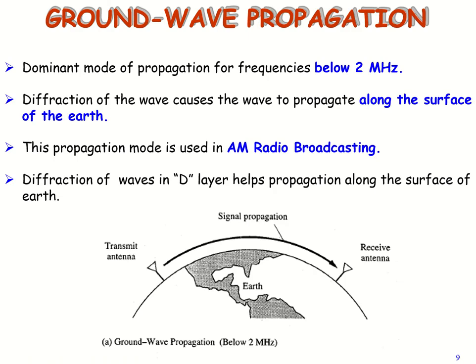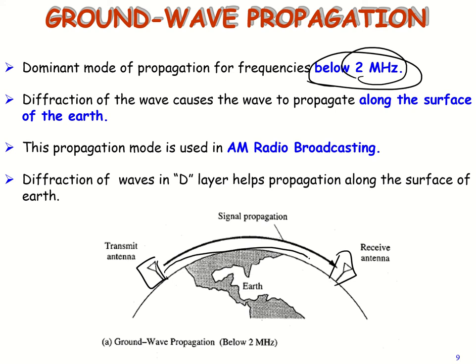Usually for ground wave propagation, for example, you have installed one tower here and one tower here, and we are working at very low frequency, below 2 megahertz. They will just travel along the curvature of the earth, they will not move towards these upper layers because they are low frequency.